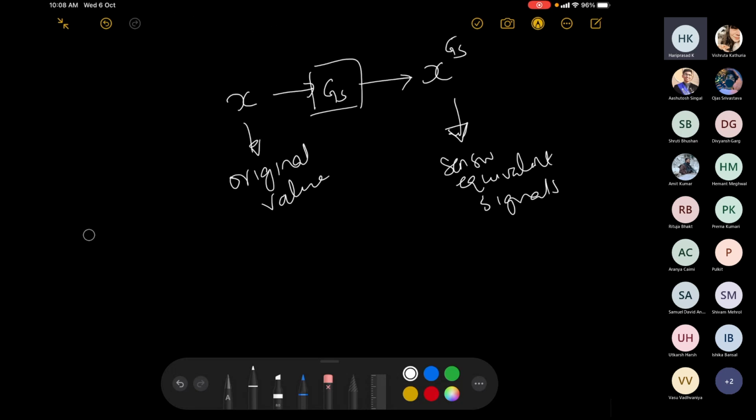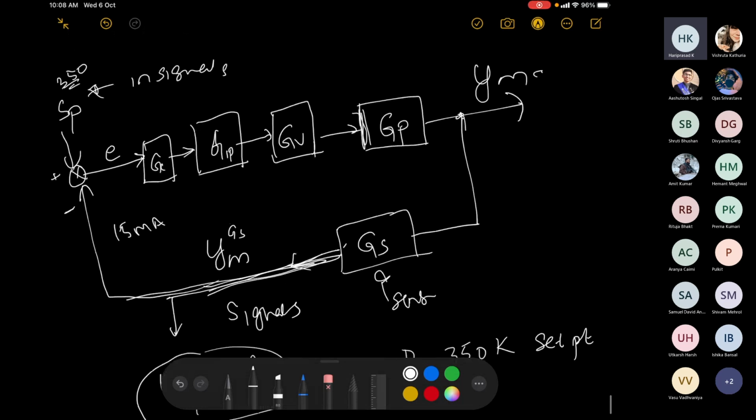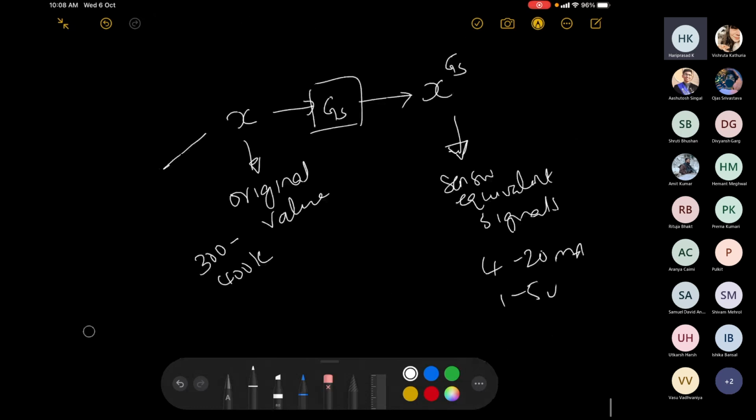Let's say your temperature is varying between 300 to 400 Kelvin. Your X would vary between 300 to 400 Kelvin, but your XGS would still vary either between 4 to 20 milliampere or 1 to 5 volt. So when you put the set point as 350 volt into the comparator, it doesn't make any sense for the overall process, because 350 is not what you really need here. You should do the same conversion.